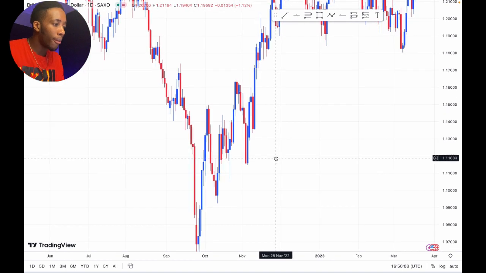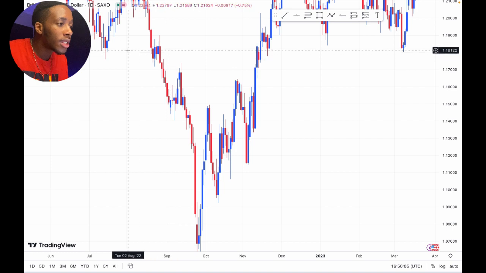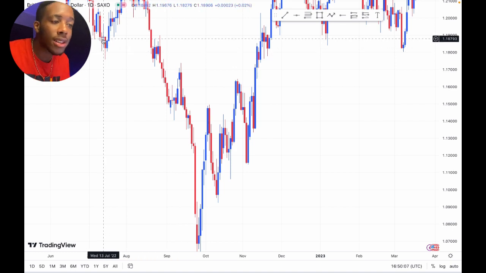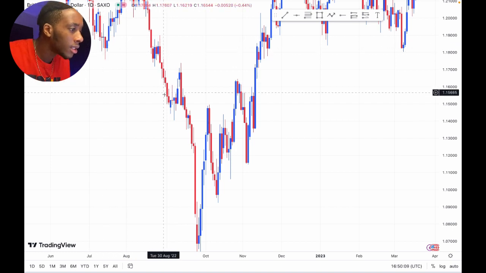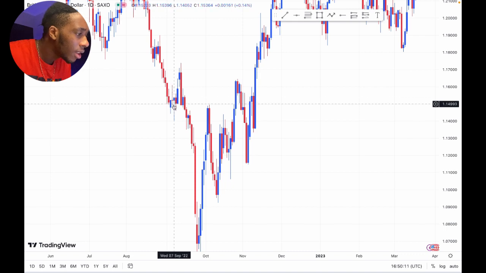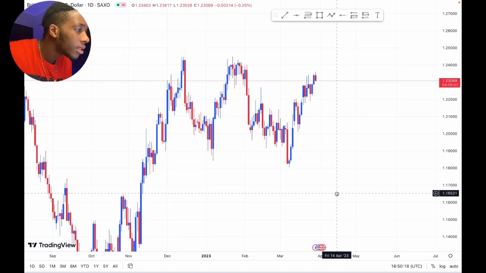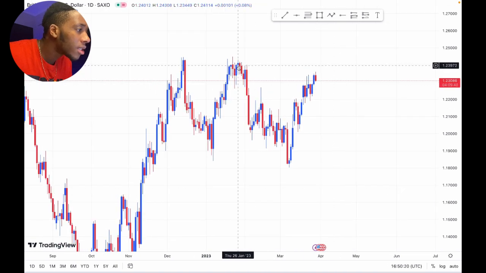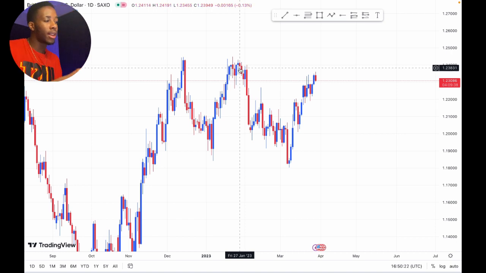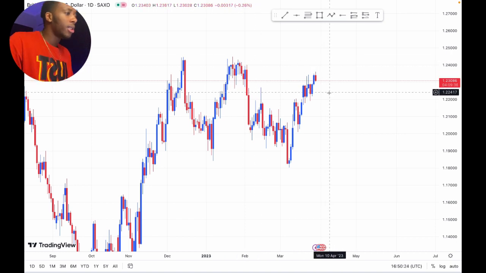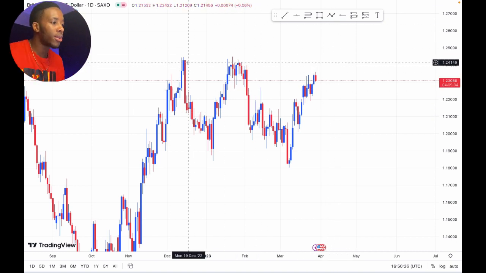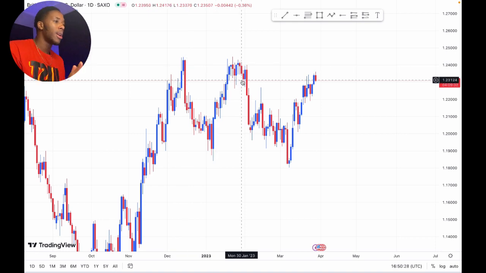So just so you understand, dojis are basically things like these, something like this. Although this body is not too slim, it has a long wick. And here at the resistance level, it changed direction, but then we'll talk about that later.